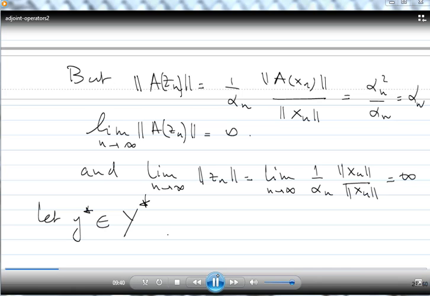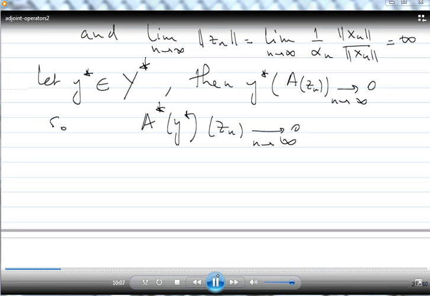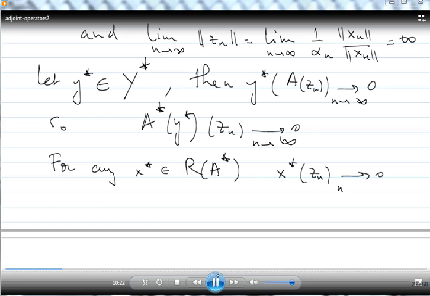Let y star belong to capital Y star. Then y star of A of zn goes to 0 as n goes to infinity, because in norm they converge to 0, therefore they go to 0. So A star of y star of zn goes to 0 as n goes to infinity, which tells us that for any x star in the range of A star, we have x star of zn goes to 0 as n goes to infinity.